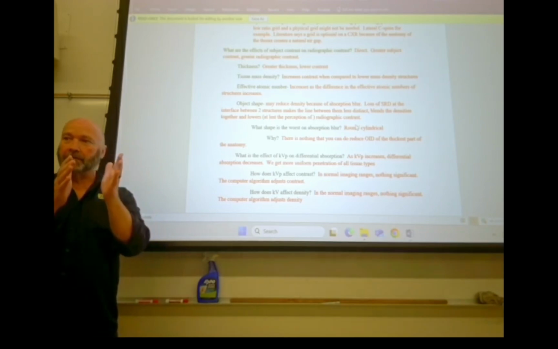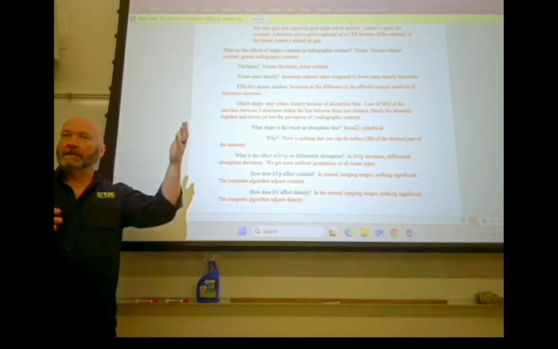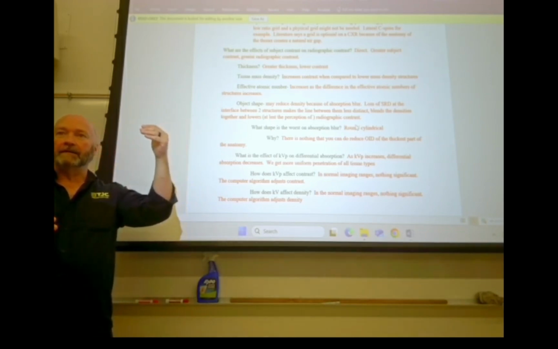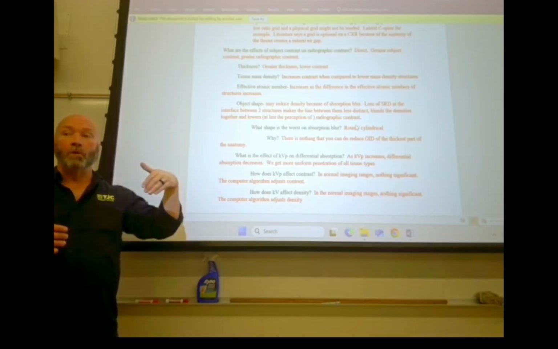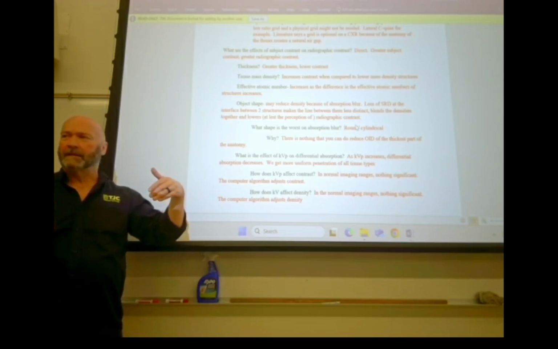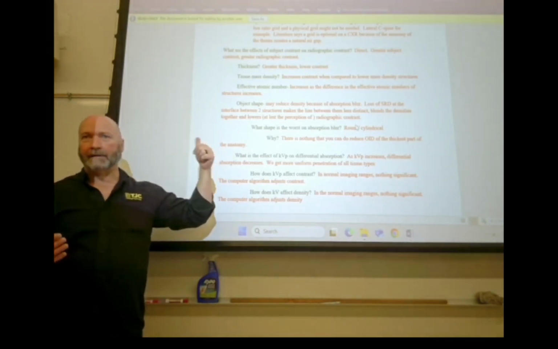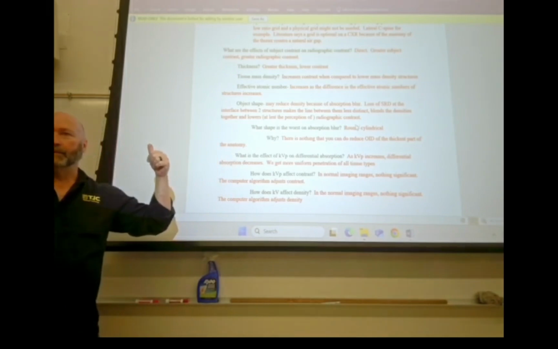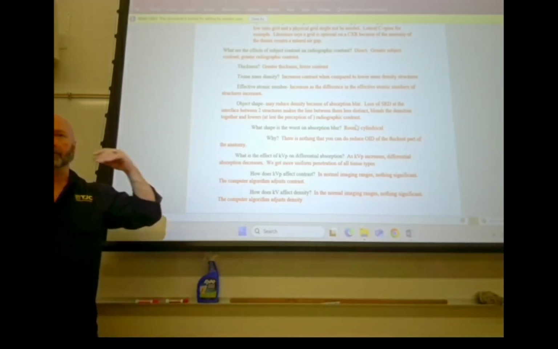So short scale, high contrast, and that would also be referred to as low latitude. All three of those mean the same thing. And maybe a fourth that I've added in here.